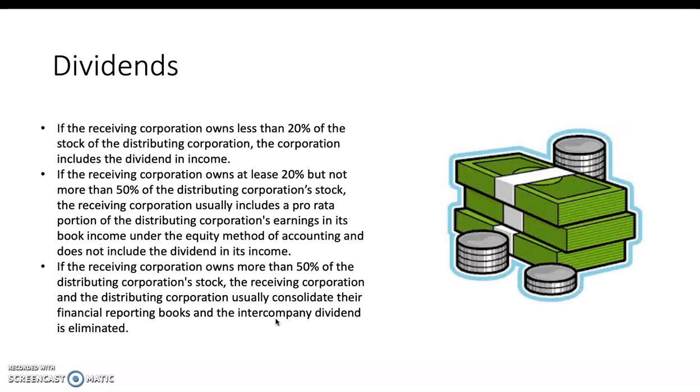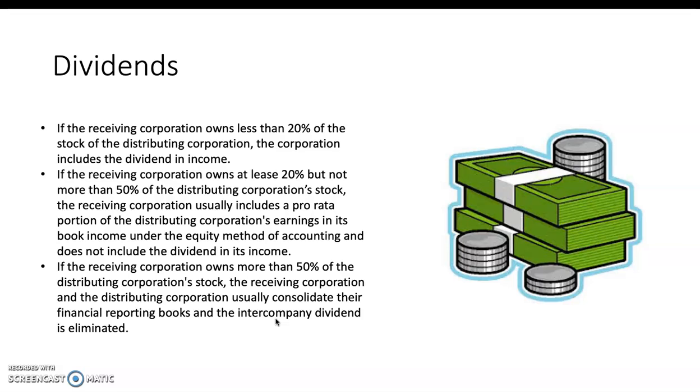Dividends. There are really 3 different rules depending on the ownership of the company and how you recognize dividends and income. If the receiving corporation owns less than 20% of the stock of the distributing corporation, the corporation includes the dividend as income. If the receiving corporation owns at least 20% but not more than 50% of the distributing corporation's stock, the receiving corporation usually includes a pro rata portion of the distributing corporation's earnings in its book income under the equity method of accounting and does not include the dividend in its income.